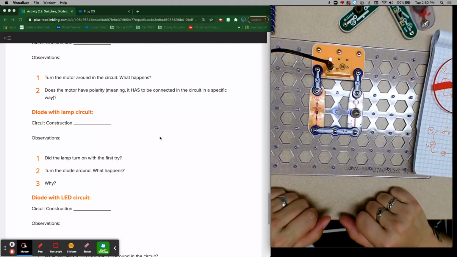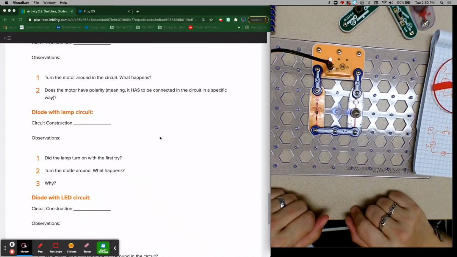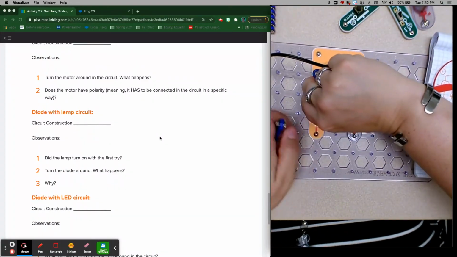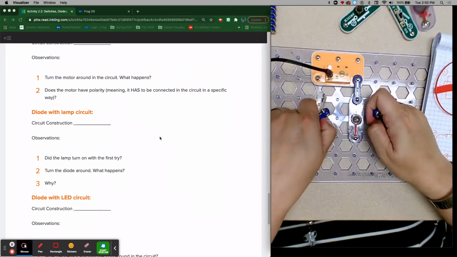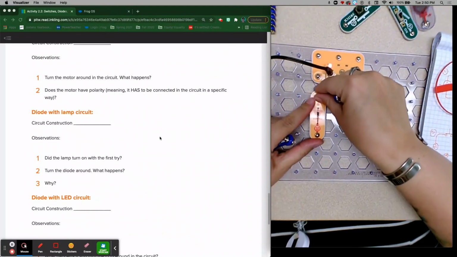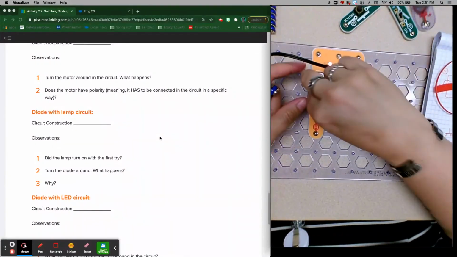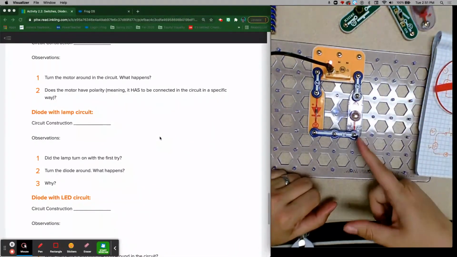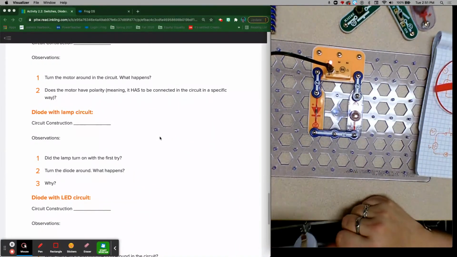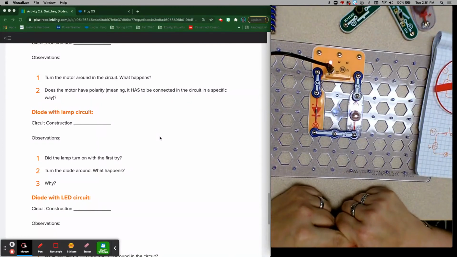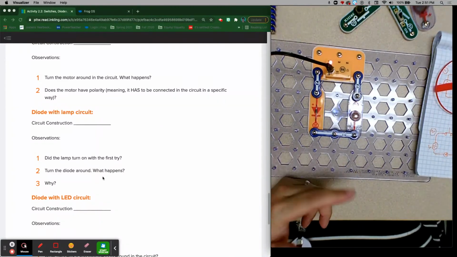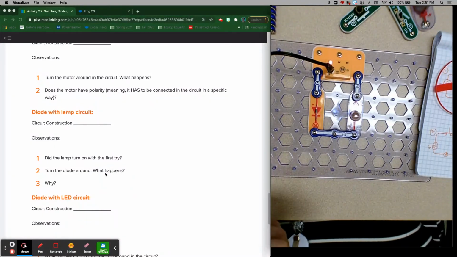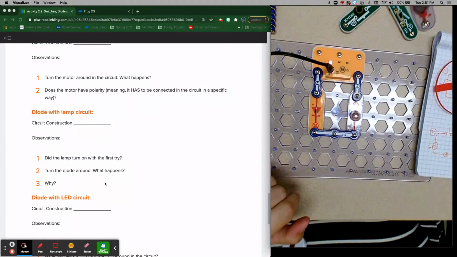So, did it turn on the first try? No. So let's turn this diode around. And now it works. It's also not as bright as before. So, did it light on the first try? Turn it around. What happened? Why? Think about what we explained about the diodes.